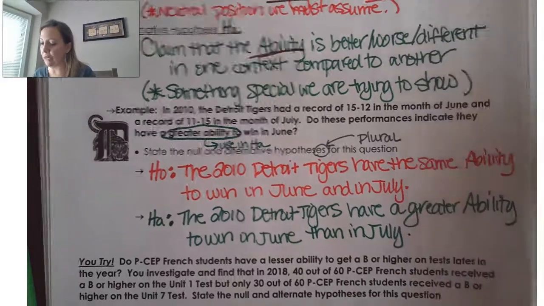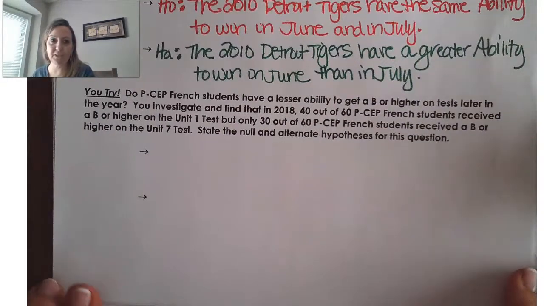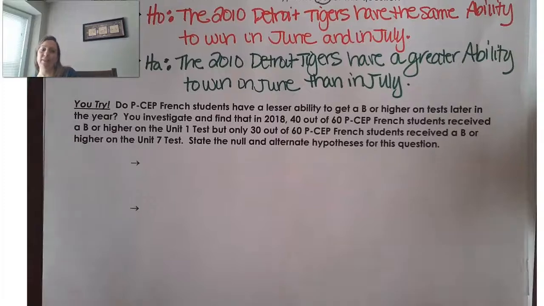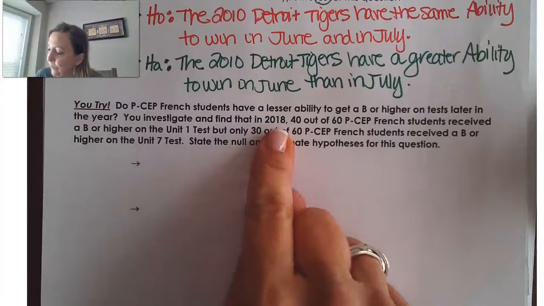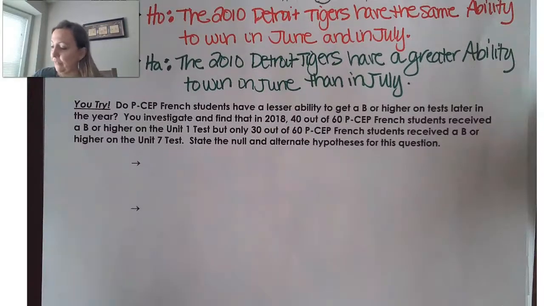So here's a you-try question. It says, do PSEP French students have a lesser ability to get a B or higher on tests later in the year? So you investigate. You found that in 2018, 40 out of 60 PSEP French students received a B or higher on the Unit 1 test, but only 30 out of 60 PSEP French students received a B or higher on the Unit 7 test.